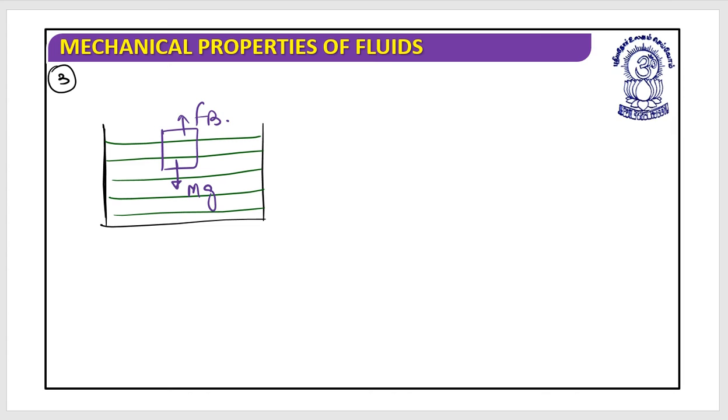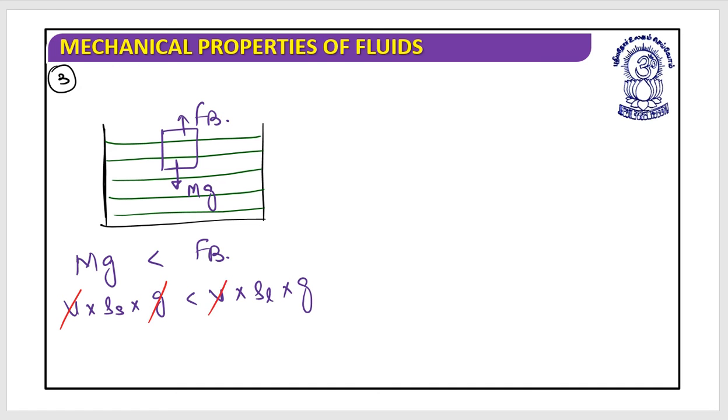In this situation, let's say mg is less than FB, that is, V into density of solid into g is less than V into density of liquid into g. This means density of solid is less than density of liquid. Please do understand this. Initially mg is higher and FB is lower.